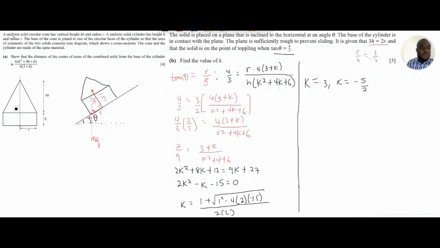Remember, the height of our cone cannot be negative, so we go with k equal to 3. So the value of k is 3. And that solves the second part of the question.